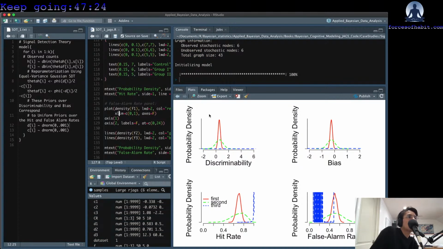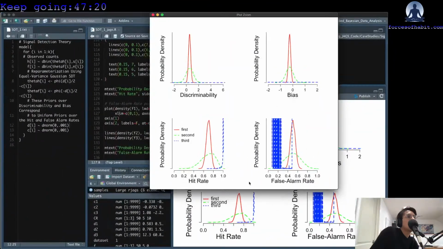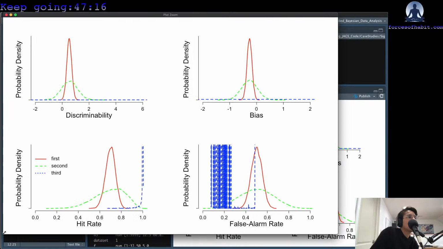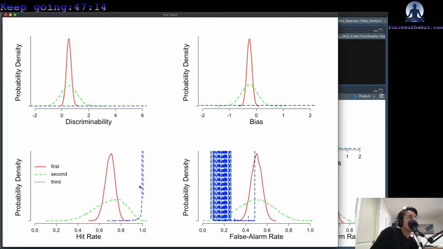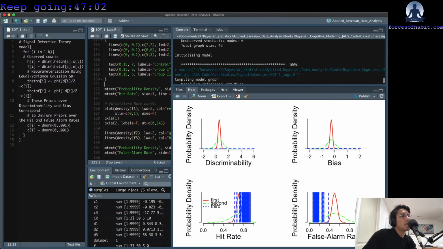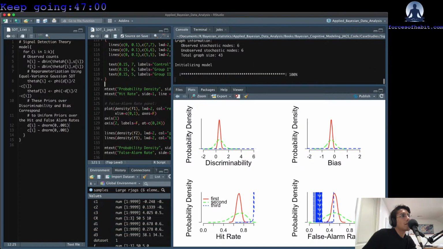Wow, those false alarm rates are wild for these priors.